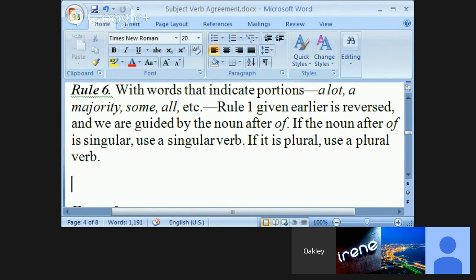Irene? Yes. I want you to make a sentence. Do whatever you want, but I started you off. Some of whatever. Some of my friends. Okay. Now the tricky part. Continue.